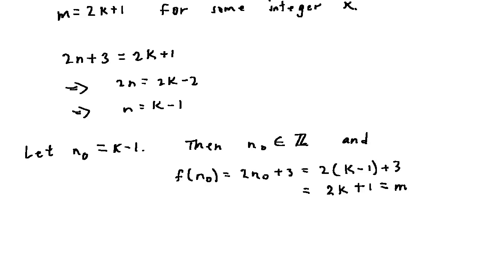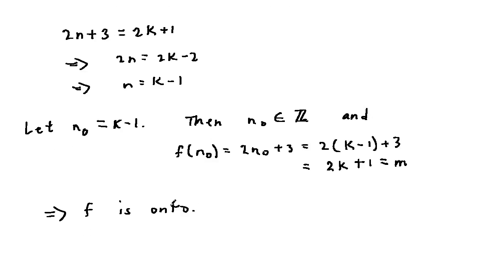Okay, so there exists an n in Z such that f(n) = m. So f is onto. And since f is both one-to-one and onto, f is a one-to-one correspondence.